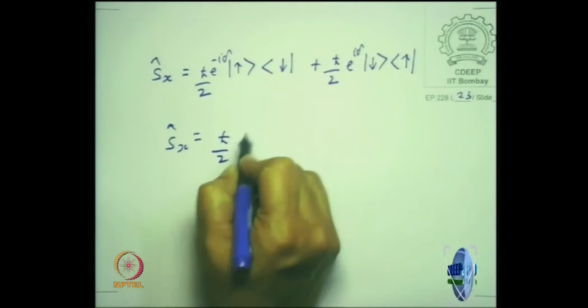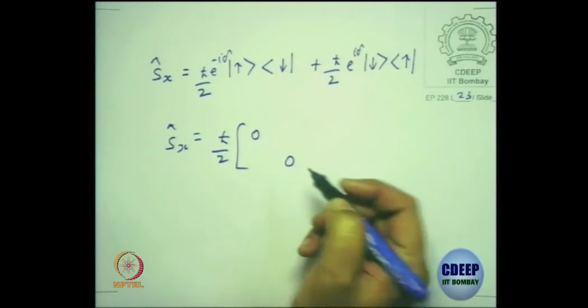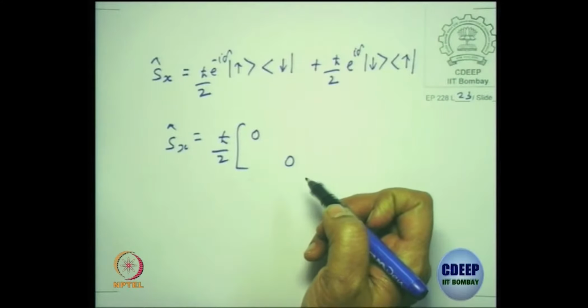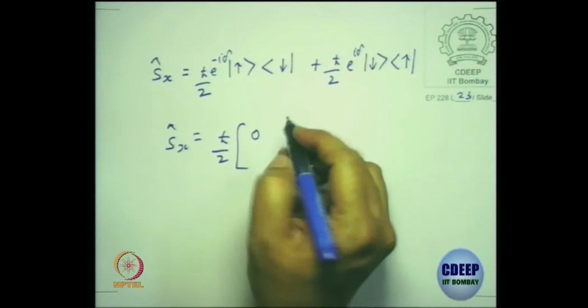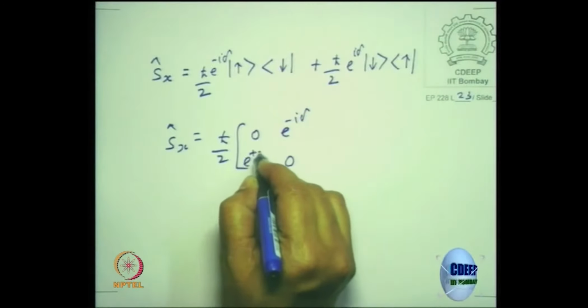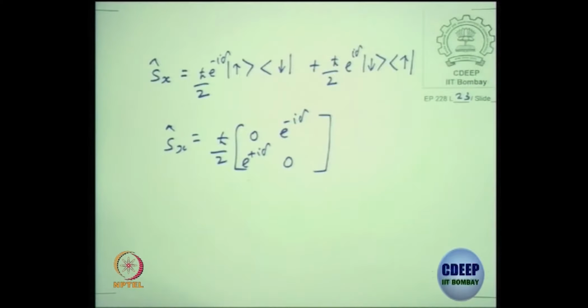H cross by 2, I will take it out. Diagonal is 0, right? Off diagonal is the other way around, or this way. So again traceless.